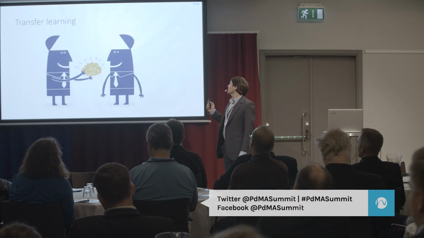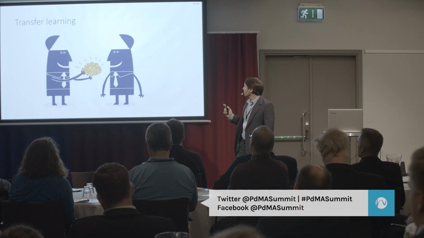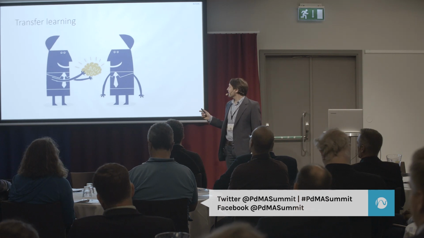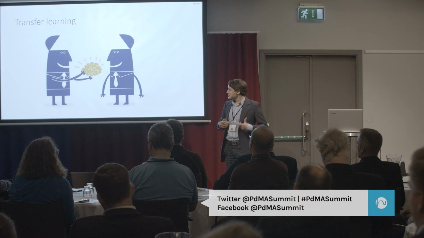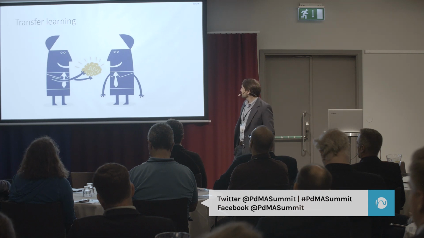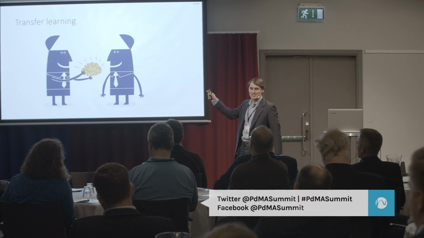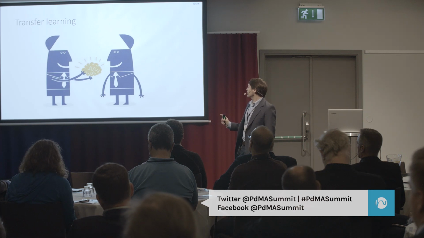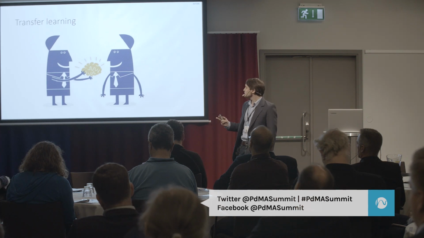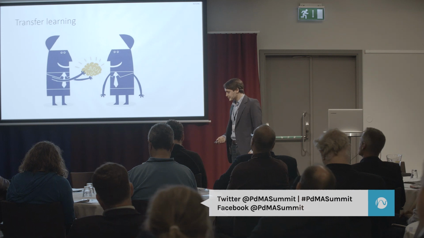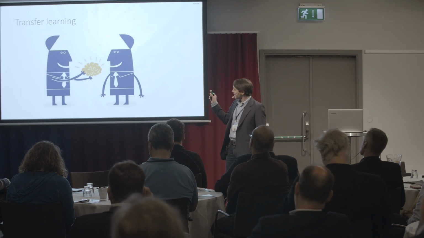Well, then we have transfer learning. So transfer learning, it's not about cutting your head off and giving your brain to your office colleague, like this picture suggests, but it's still about sharing knowledge between networks. So the image is still accurate.